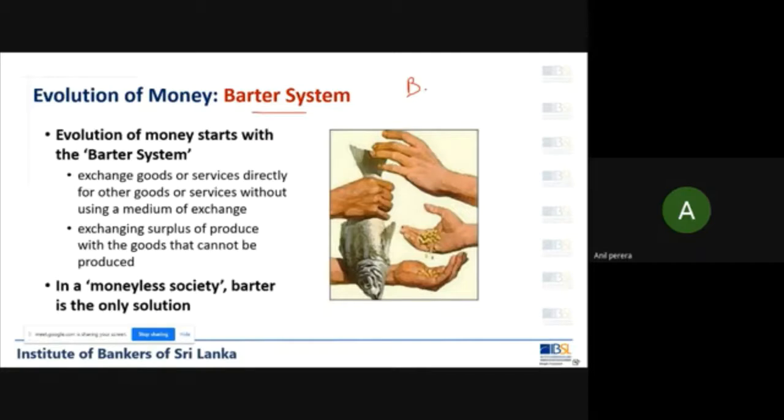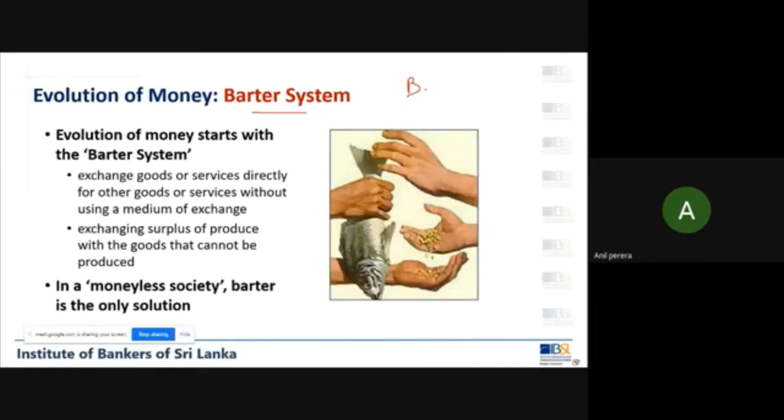So exchanging fish and grain directly. There's nothing in between. So this direct exchange, you call it a barter system. Now, even in the modern world, you might see this barter system. Some people directly exchange goods.